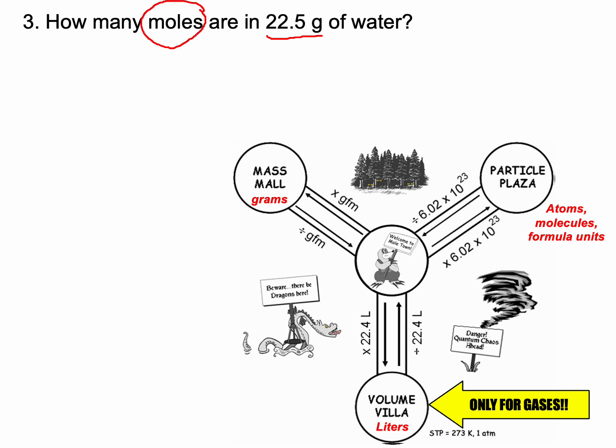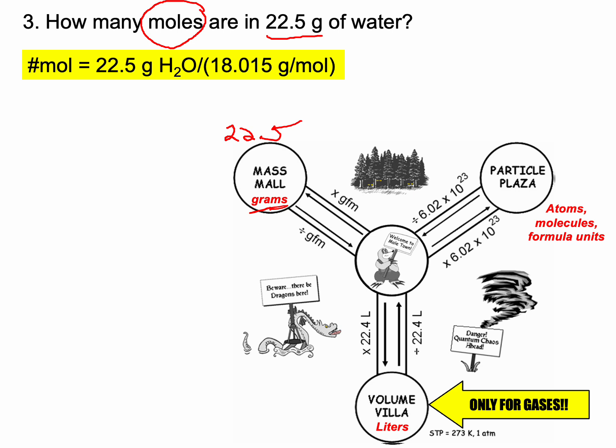So we have 22.5 grams out here in mass mole. We're going to divide by the GFM, the 18.015, and that'll give us how many moles we have. So we go ahead and do the math, and we get that would be 1.25 moles of water.